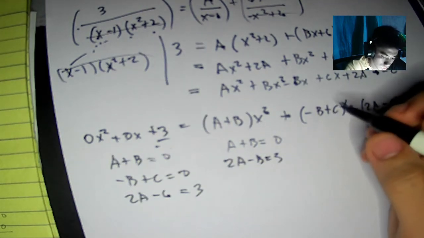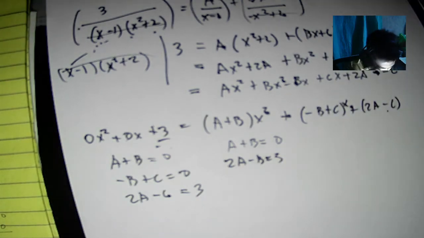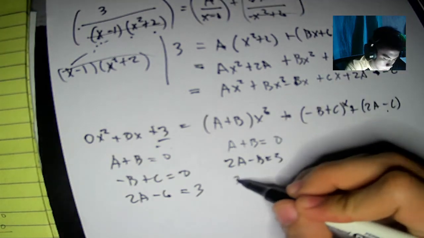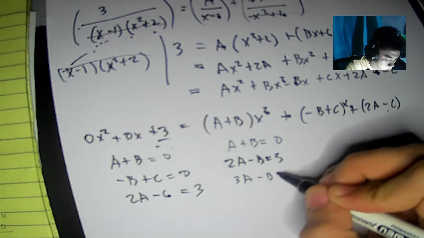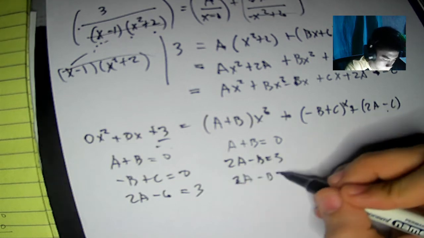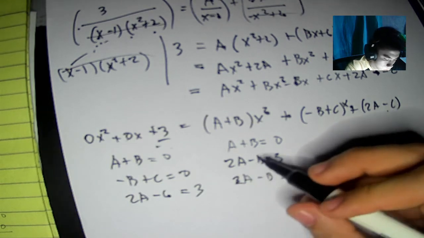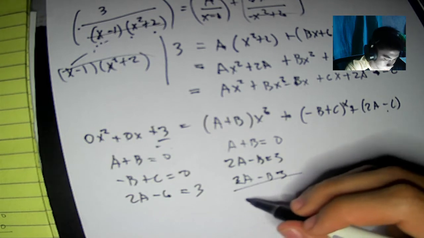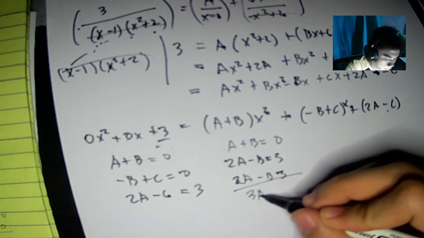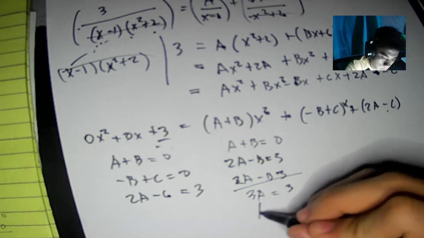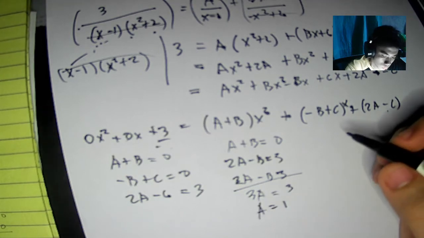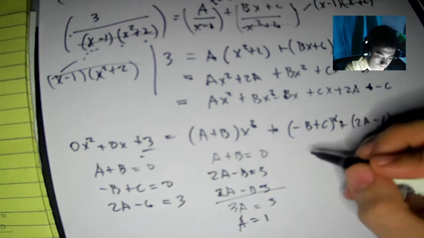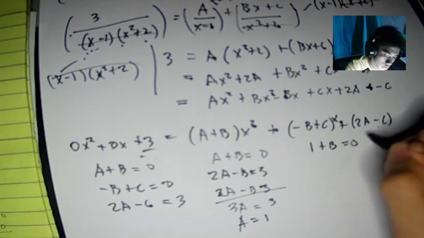So what we will do here, 3a minus b and 2a equals 3. So we'll have 3a is equal to 3, a is equal to 1. So 1 plus b equals 0.